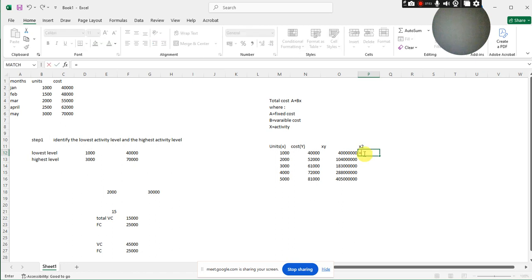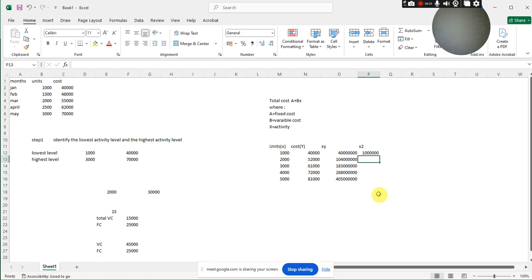Here we have equals to this raised to power 2, it's the same thing as 1,000 multiplied by 1,000. So we can say this multiplied by this.